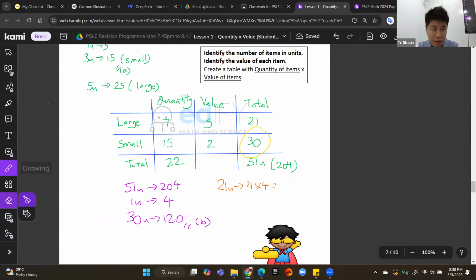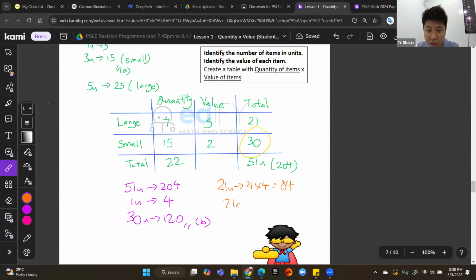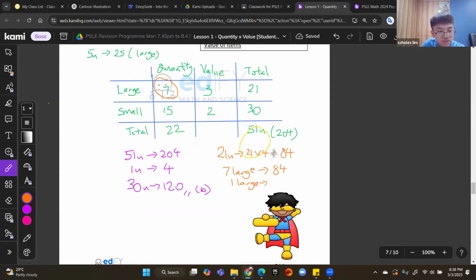See, some of you are very used to it already. So 84. So 7 large. Remember they told you 7 large? 7 large is 84. Can I find 1 large? 1 large is 12.